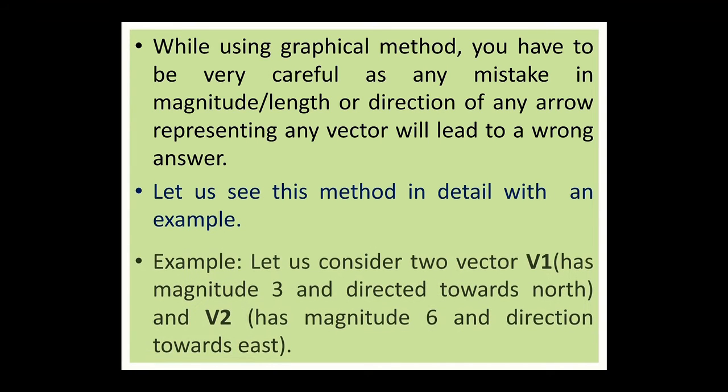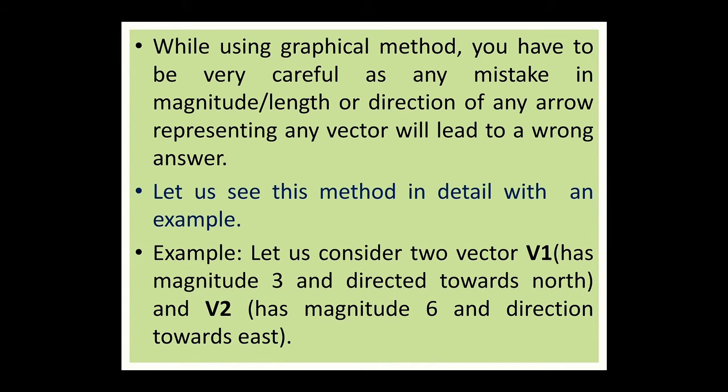So let us consider two vectors. v1 has a magnitude 3 and direction towards north, and v2 has a magnitude 6 and direction towards east. So you have to keep in mind that v1 has a magnitude 3 while v2 has a magnitude 6. So while drawing v1 and v2, v2 should have a length twice the length of v1.